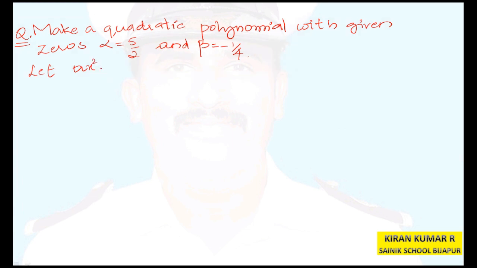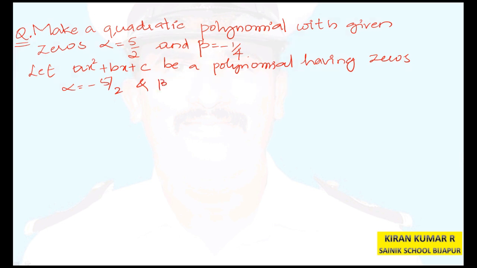Let ax square plus bx plus c be a polynomial having zeros alpha equal to minus 5 by 2 and beta equal to minus 1 by 4. I am taking the general expression for a quadratic polynomial.